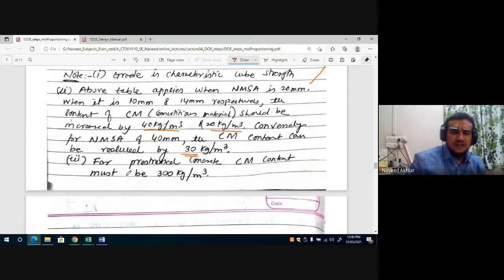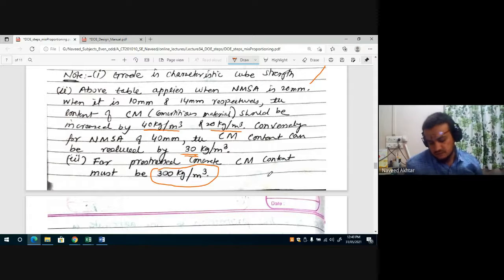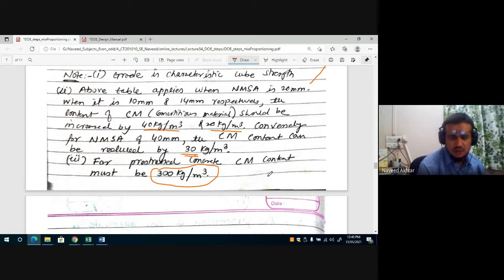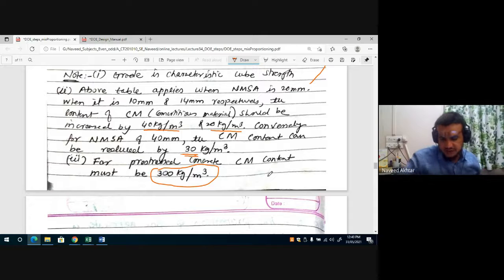And if you are using pre-stressed concrete, the minimum cement content should be 300 kg per cubic meter. So you cannot use less than 300 kg per cubic meter if you are going for pre-stressed concrete.